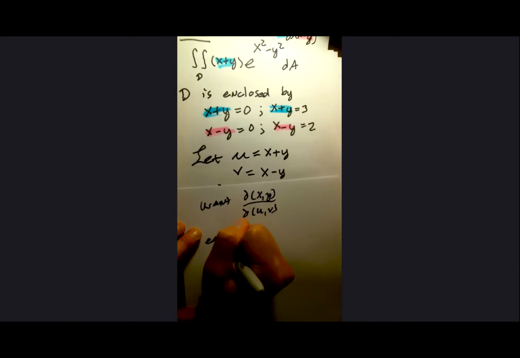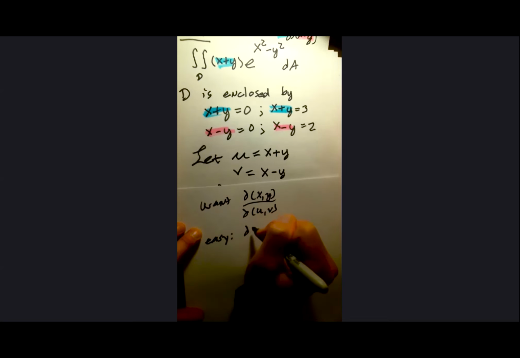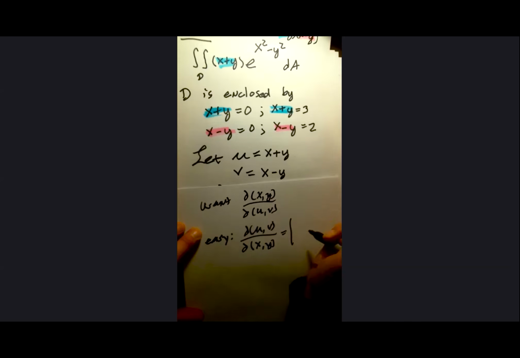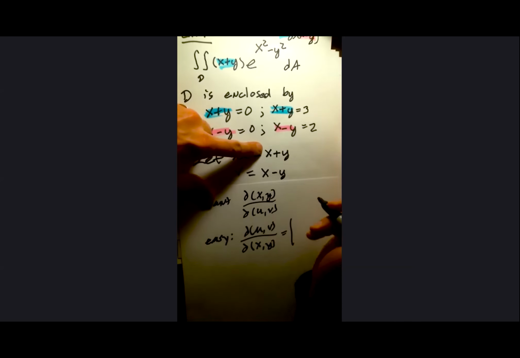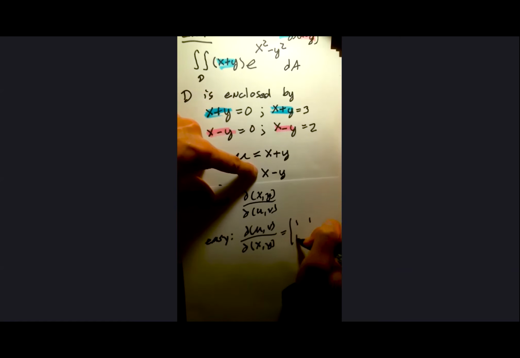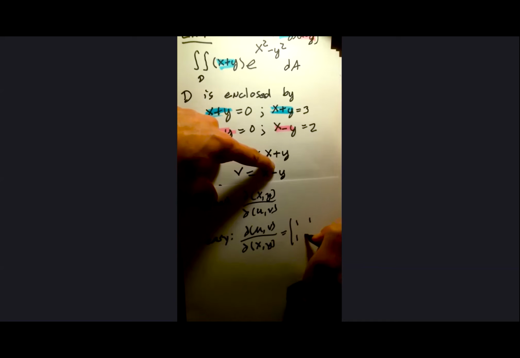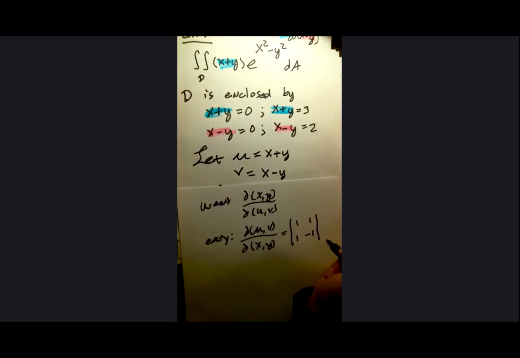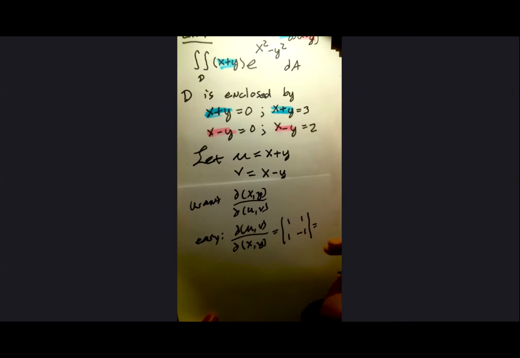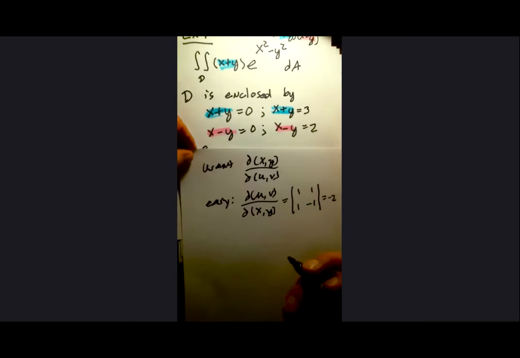The easy one would be the Jacobian of uv with respect to xy, which will be the partial with respect to x, or 1, partial with respect to y, 1, partial with respect to x, 1, partial with respect to y, -1. And what does this determinant work out to be? -2.